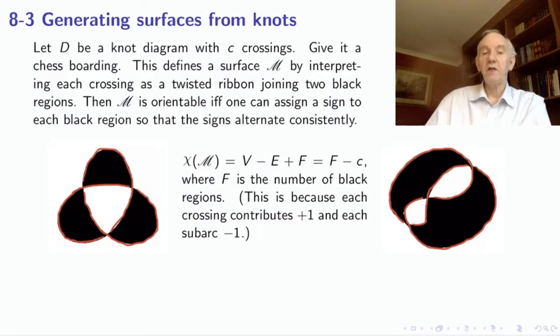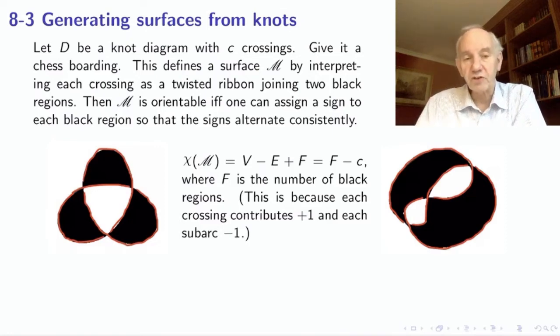So if you look at, say, the left-hand side, what you do is, where there's a crossing, which as it stands is really just a vertex, you pretend that there's really a sort of piece of cloth that's twisted. You think of the black regions as forming a piece of cloth, and it's not actually joined at the crossings. The cloth is just twisted according to the over and under passes.